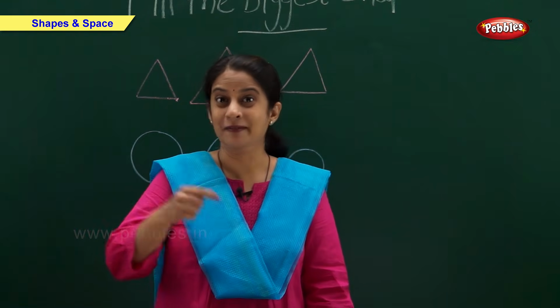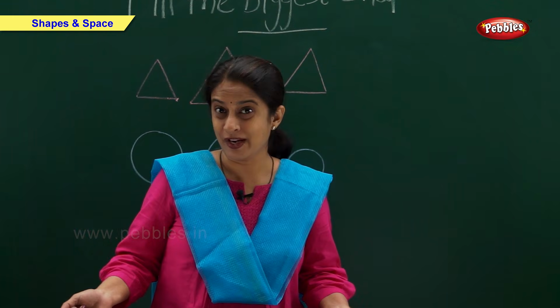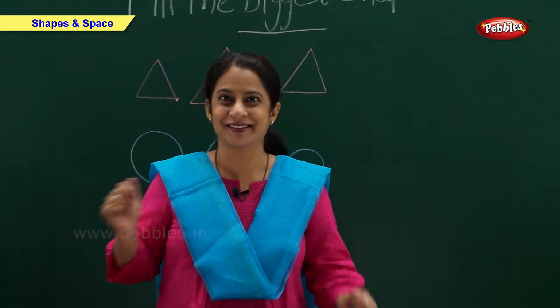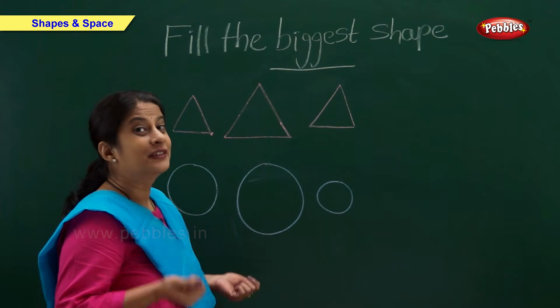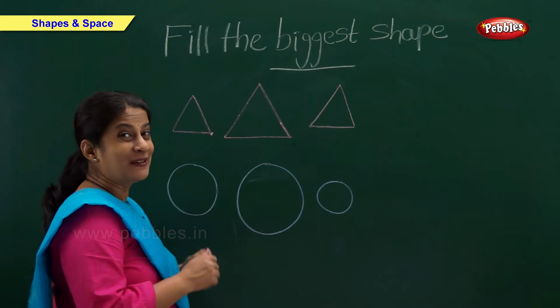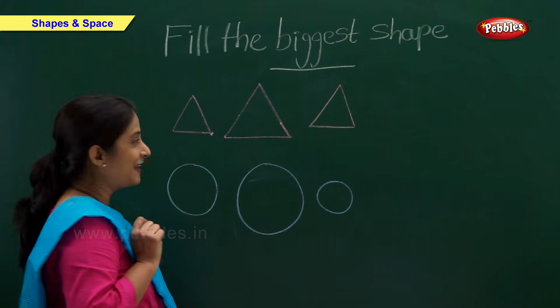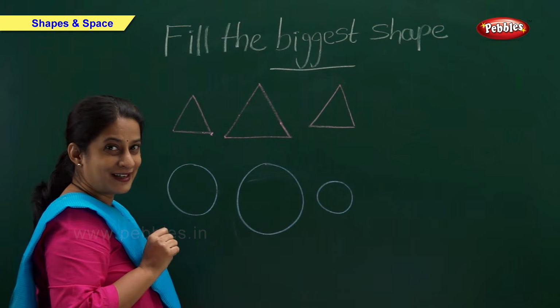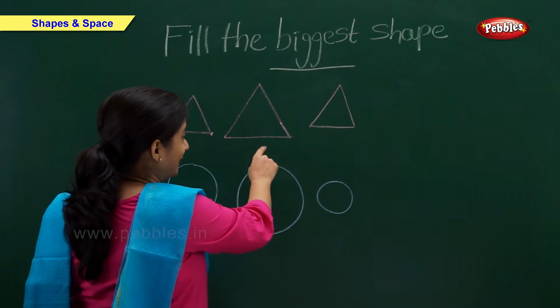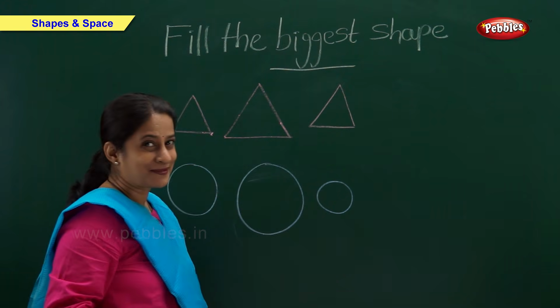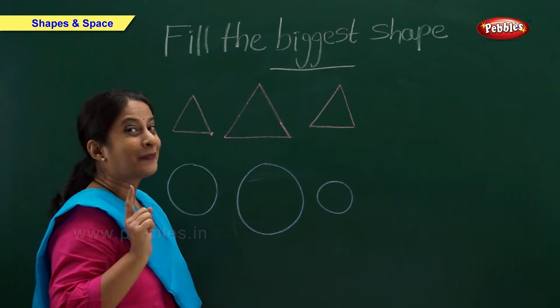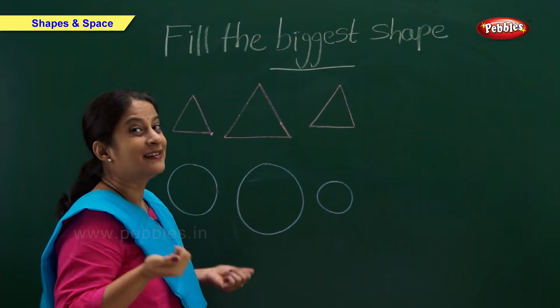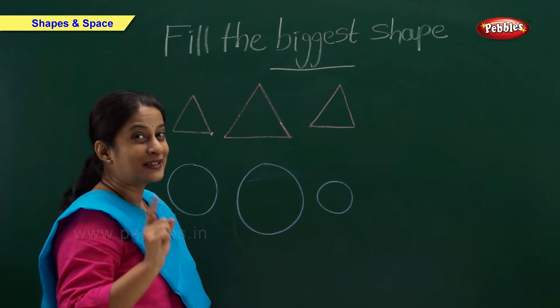Now you have to help me to identify the biggest shape so that I can fill it. I have 3 triangles. Which is the biggest triangle? Tell me fast. Is this the biggest? Or this? Or this? Which is the biggest? Right, the second one is the biggest. So now let's fill it.